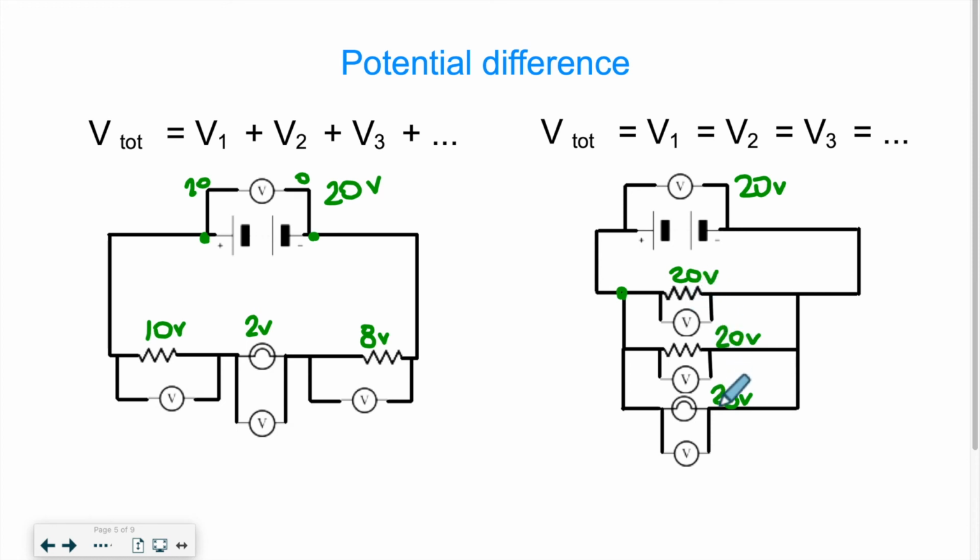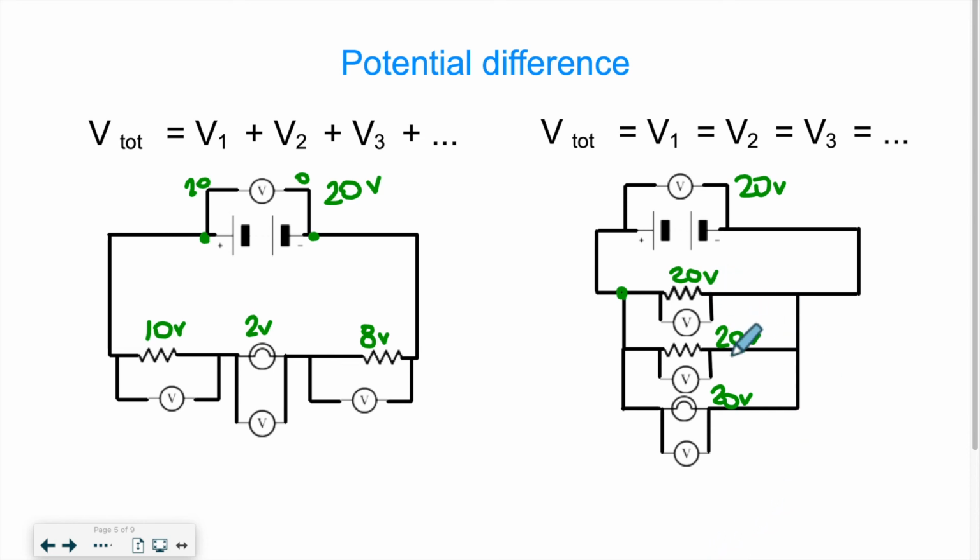20, 20, 20, 20. So the law says, in parallel, the total voltage is equal to the voltage that the electrons will spend in the first branch of the parallel circuit, which is also the same as the second branch of the parallel circuit, and the third branch, and the fourth and the fifth and the sixth if there are more branches to your circuit.